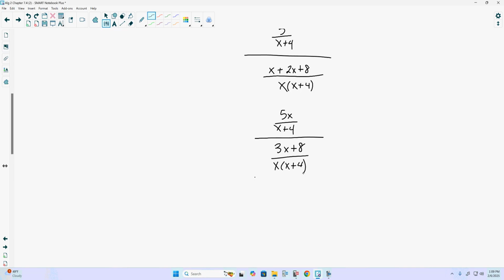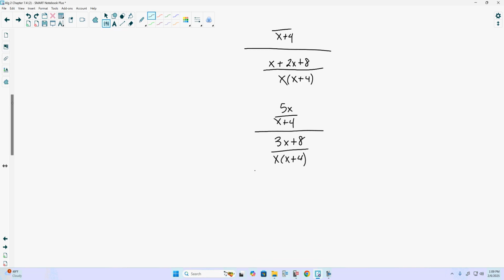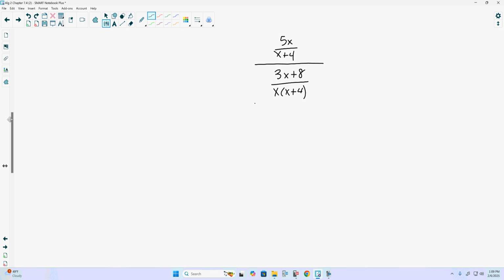Now, a fraction is just another way to say that we're taking the top of the fraction, which is our 5 over x plus 4, and dividing it by the bottom. That's all a fraction is.